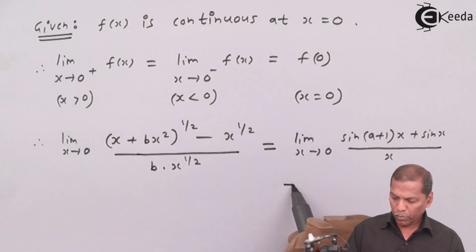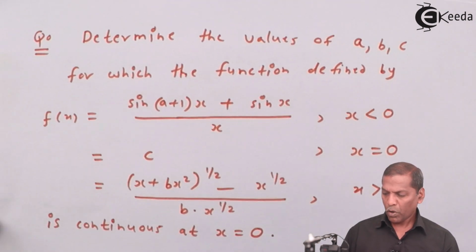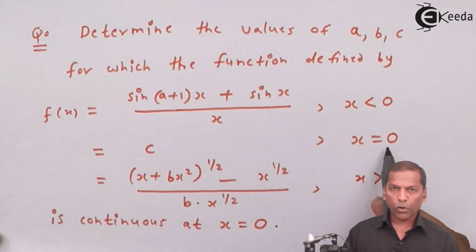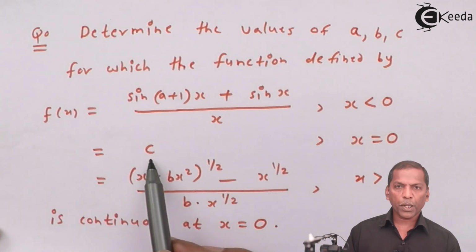Is equal to, now x equal to 0. For x equal to 0, we have f of x is equal to c.